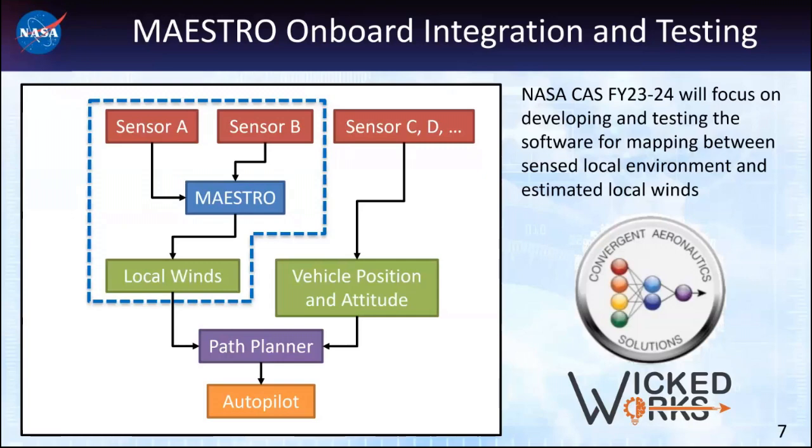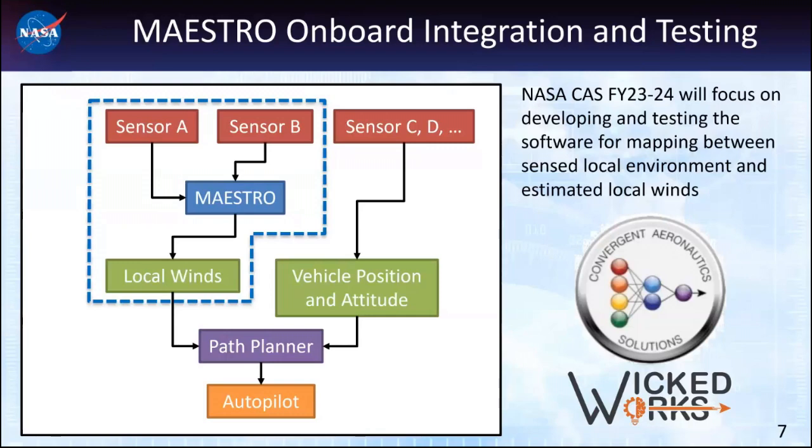There are a lot of sensors that could eventually provide this type of information to a deep learning neural network and help it improve its ability to make estimates of the local winds. Those wind estimates would be used along with the position and attitude information coming from the IMU by the path planner, which would then say, hey, autopilot, to get to that next waypoint, we recommend going this path because of what we're seeing in the winds.